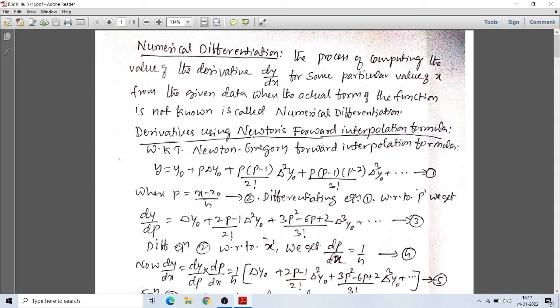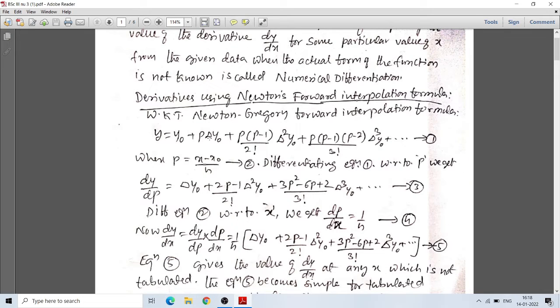Numerical differentiation is the process of computing or finding the value of the derivative dy by dx for some particular value of x from the given table or data, when the actual function is not known. Now let us prove the theory part of the derivatives using Newton's forward interpolation formula.